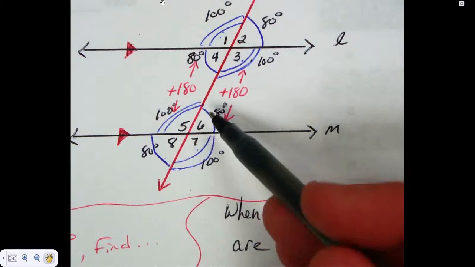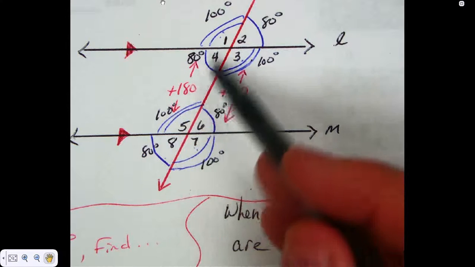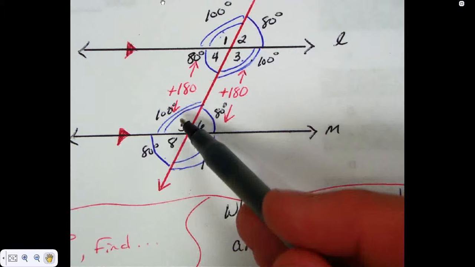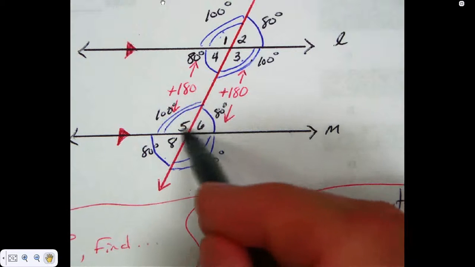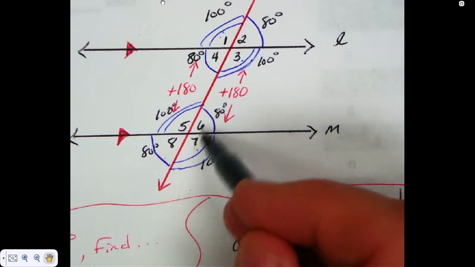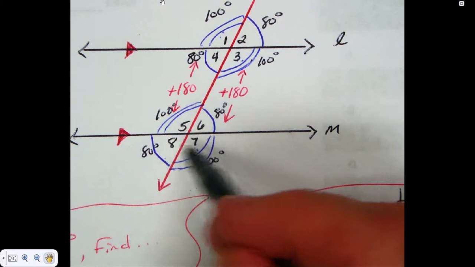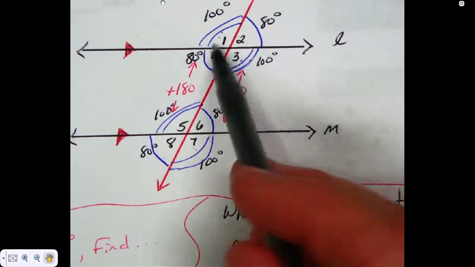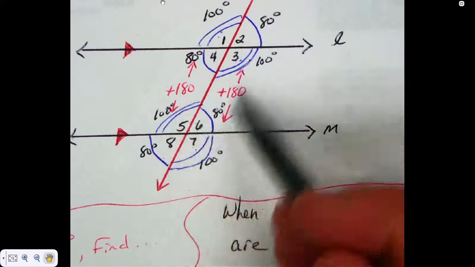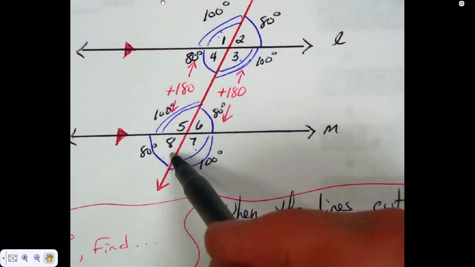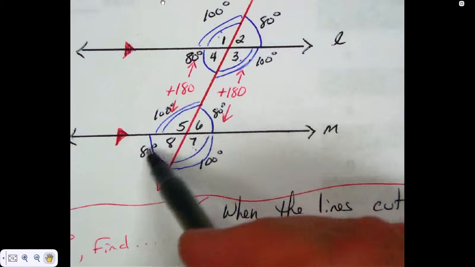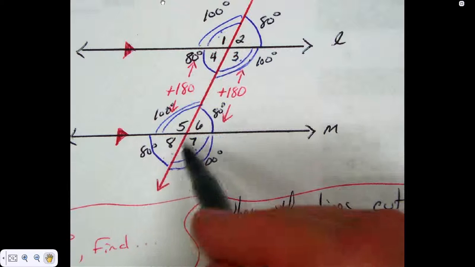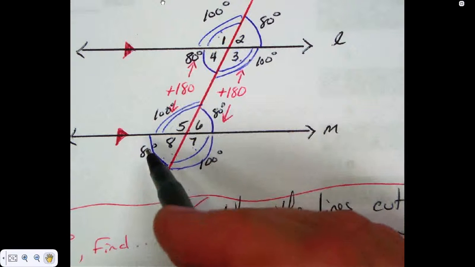What are they? Angle 4 is on top of angle 5. Angle 5 is beside angle 6, so they are? Angle 6 is on top of angle 7, they are? Supplementary. So, if they're beside or on top of each other, what are they? If they alternate in some way or correspond, they are congruent.